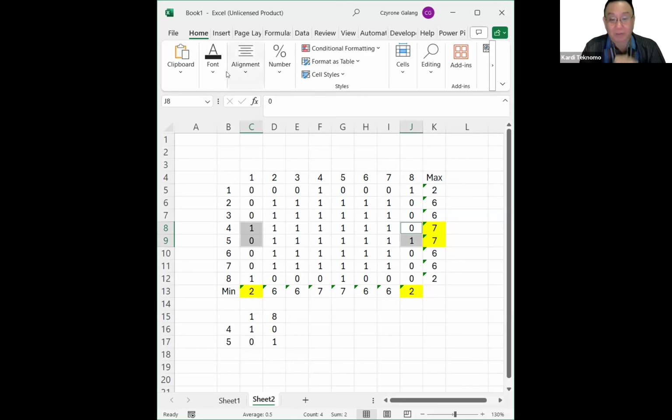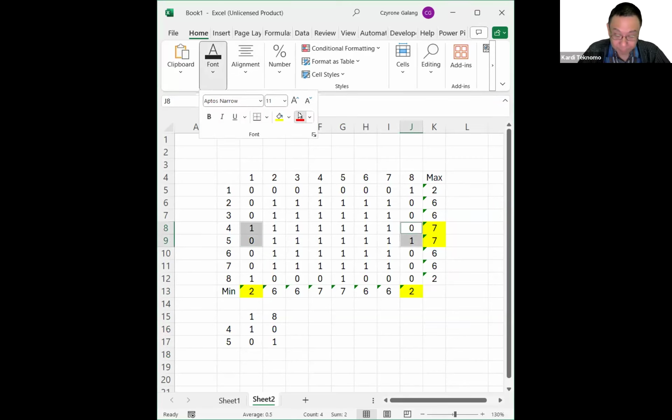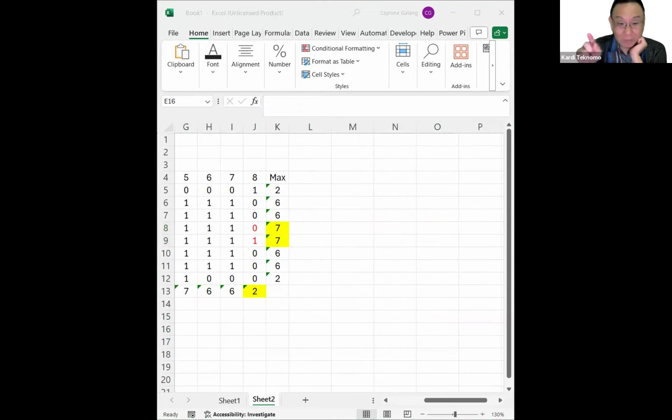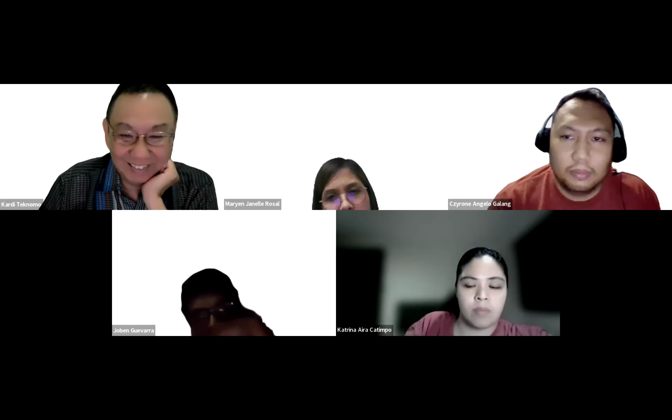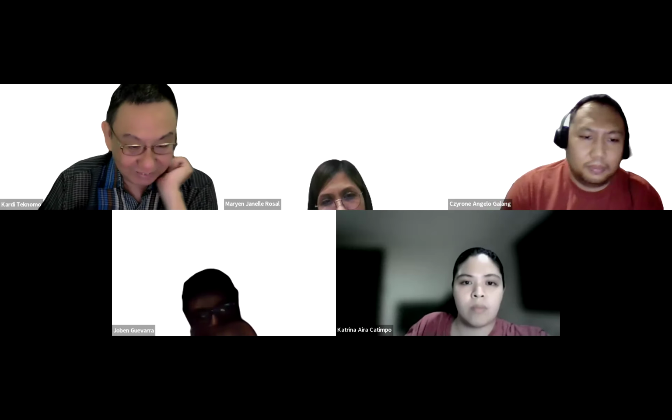Okay, good. Actually, you need to check one by one. But anyway, in this case the values are rather simple, between 0 and 1, so you can do this. Okay, thank you.